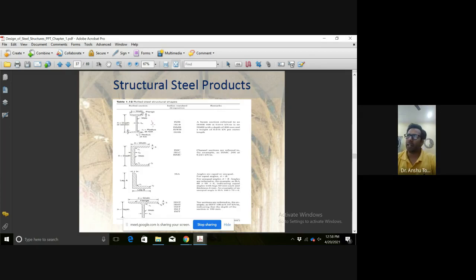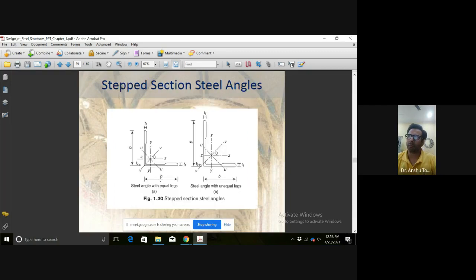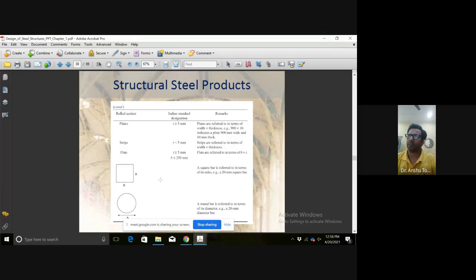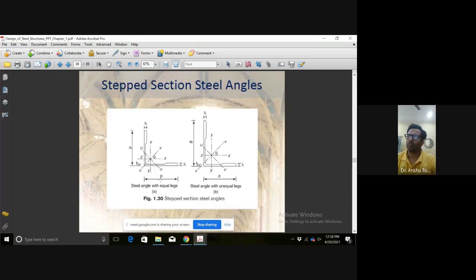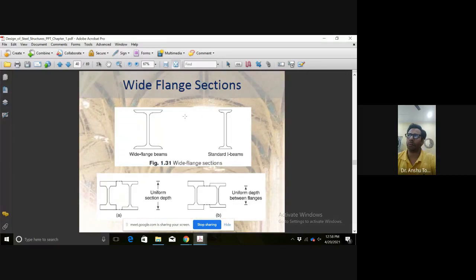So these are the things which are available in the steel handbook, as you can see here. All these IZZ, IVV, IUU, IYY are given in the steel handbook. These are the rolled sections.